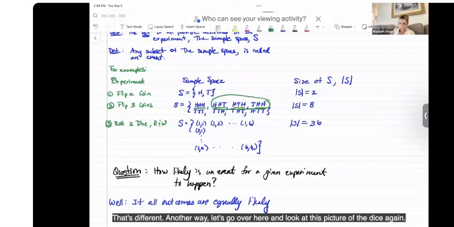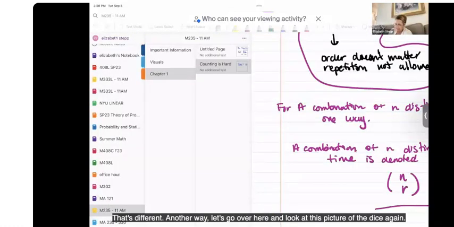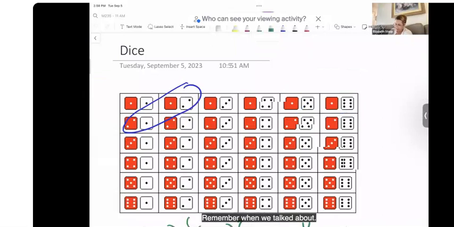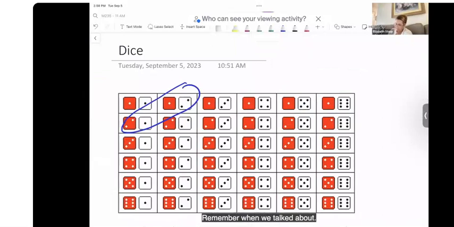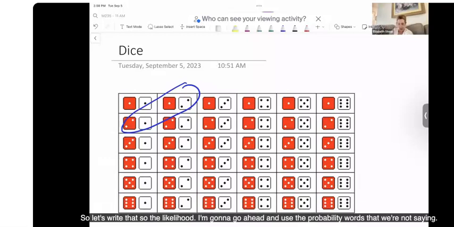That's different. Another way, let's go over here and look at this picture of the dice again. Remember when we talked about, so here, there are 36 outcomes, and each one is just as likely as the other. I'm just as likely to get a 2-1 as I am to get a 1-2. So let's write that. The likelihood, I'm going to go ahead and use the probability words.